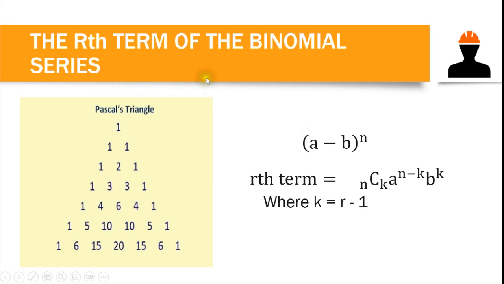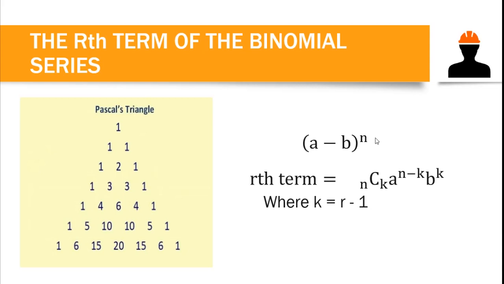Now, in the board exam, some of the problems ask for the r-th term of the binomial series. One way to determine the r-th term is by expanding this binomial expression. It may be easy if the exponent n equals 2, for example x minus 1 raised to the second power, or x plus y squared, or a plus b squared. We have different strategies on how to expand that, like the square of a difference, or the perfect square trinomial, and so on.